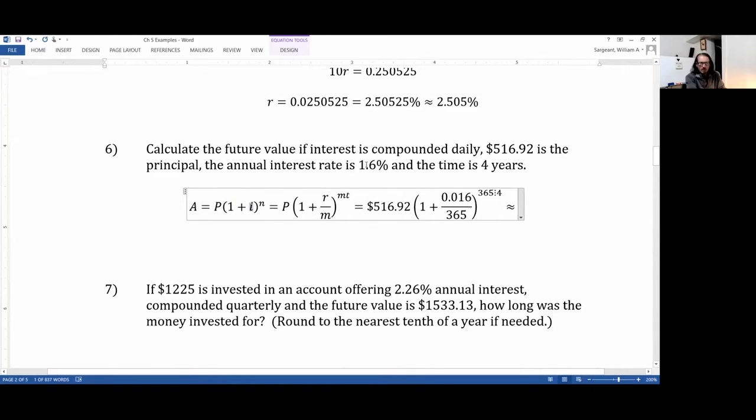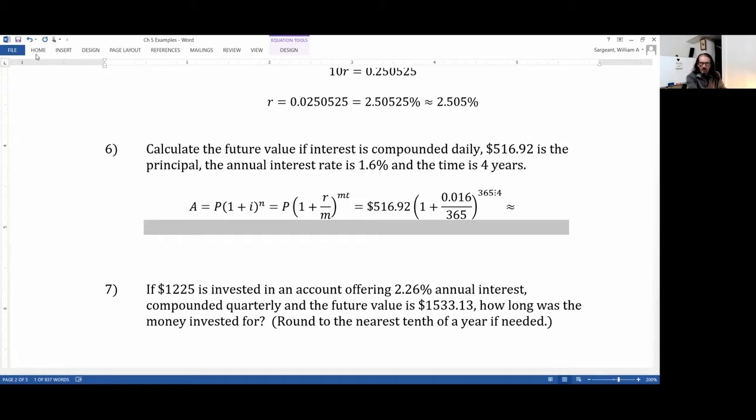That 1.6% is an annual interest rate without taking into account the effectiveness. So I've replaced i with R over M because that's the first thing that I'm going to do by the order of operations anyway. So whether I remember this formula and that i equals R over M and that N equals M times T, I just put everything in there all at once and follow the order of operations. One formula to remember instead of 3.